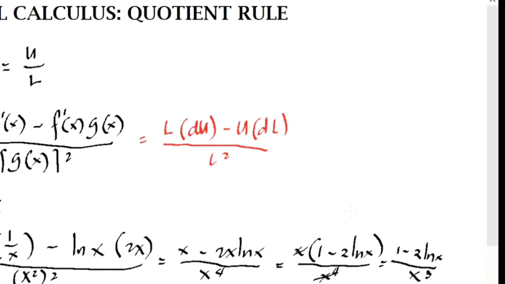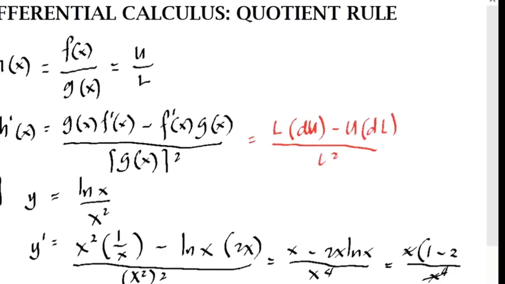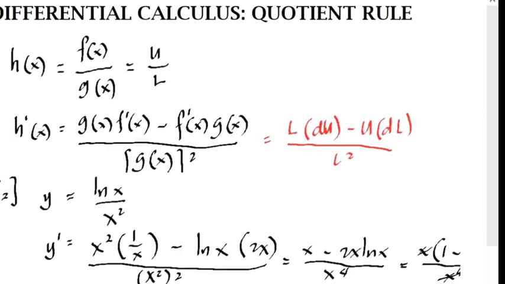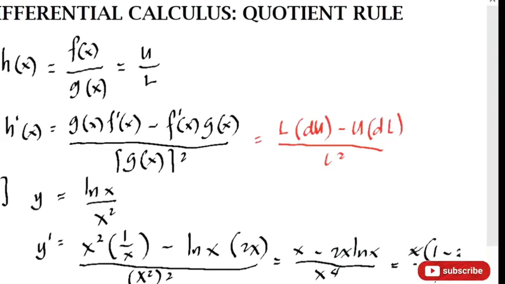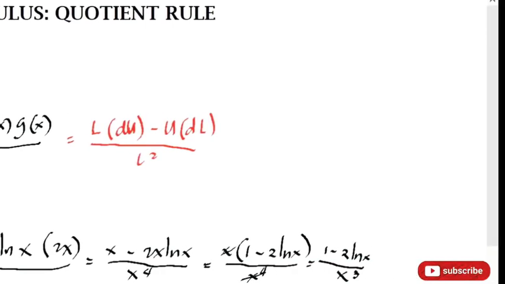So, that's already the final answer. The derivative of ln of x over x squared is equal to 1 minus 2 ln of x over x cubed. So that is our example number 2.